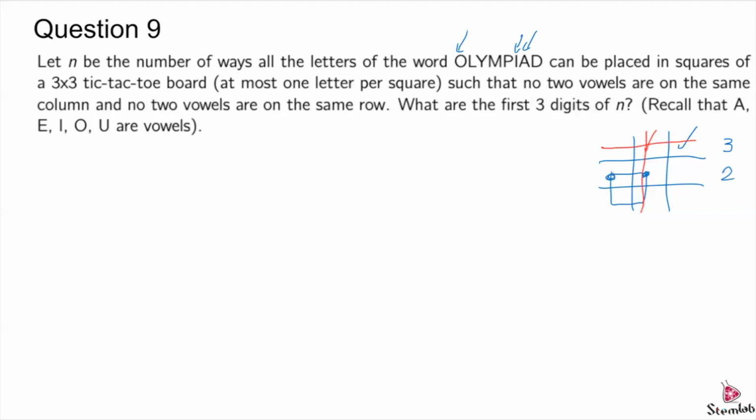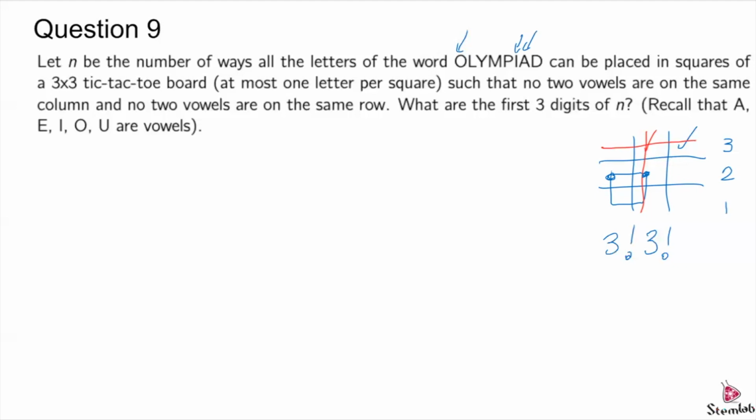And the last one is basically defined. So there's three factorial ways of choosing where to put the vowels. And there's three factorial ways of arranging which one to put first, O, I, or A. So there's three factorial ways of doing both of those, okay?